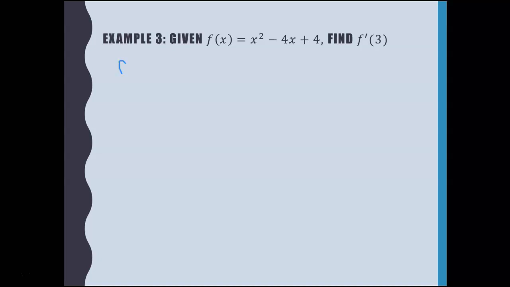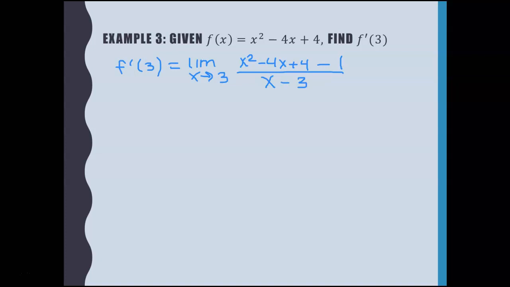So we say that f prime of 3 is equal to the limit as x approaches 3 of f of x, which is x squared minus 4x plus 4, minus f of 3, which is 1, all over x minus 3.